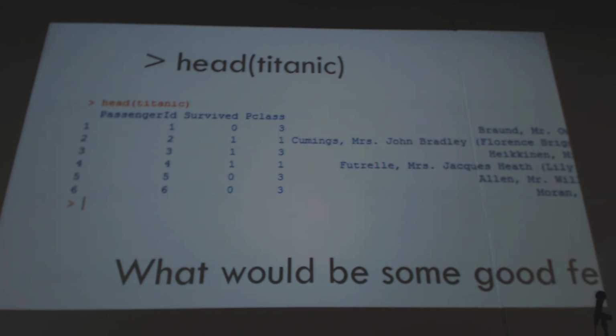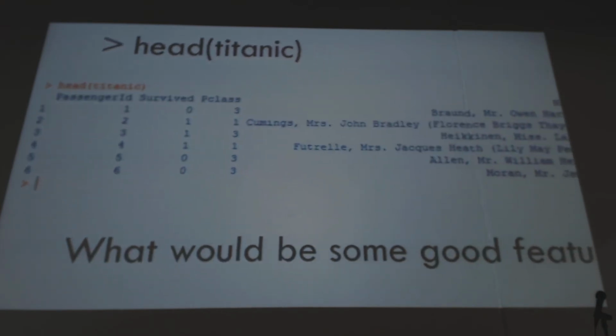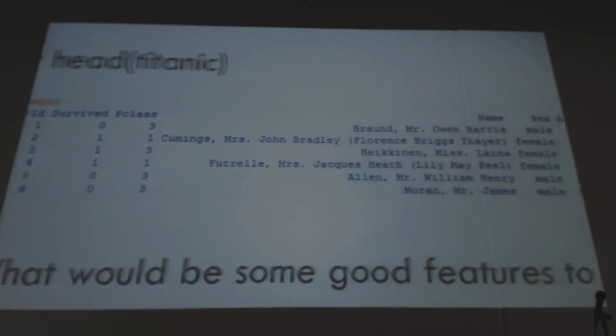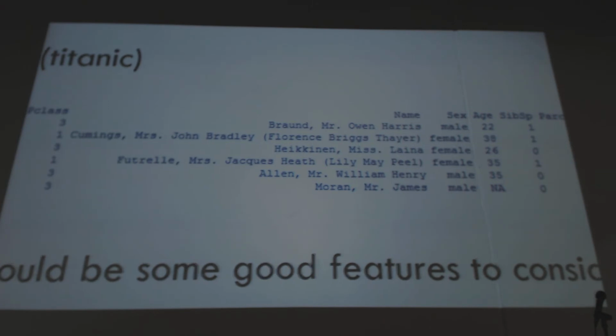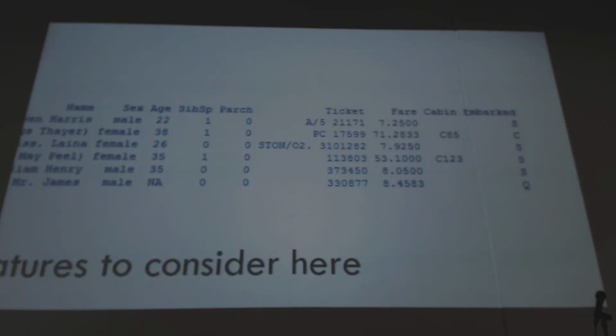We have the passenger ID, and a flag that tells us whether they survived or not. 0 means they didn't, and 1 means they did survive. And then we have P class, the passenger class. What was their class on the ship? And then their name, their gender, the age, siblings and spouses, whether they had any siblings or spouses on board or not, and how many.